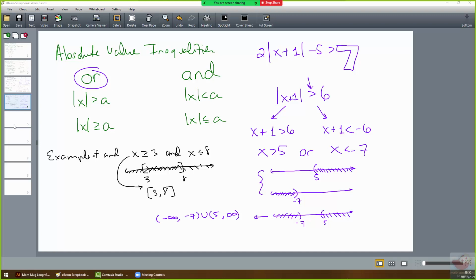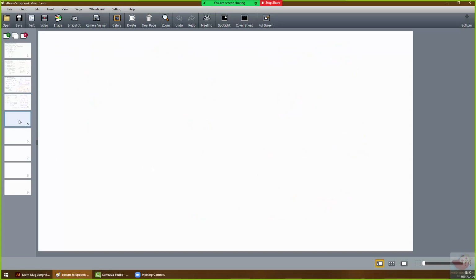Okay. So now we move on into 4.1, which is polynomial functions and models.